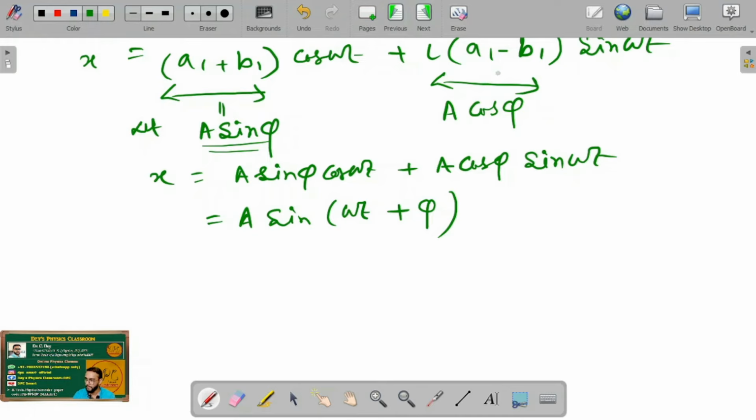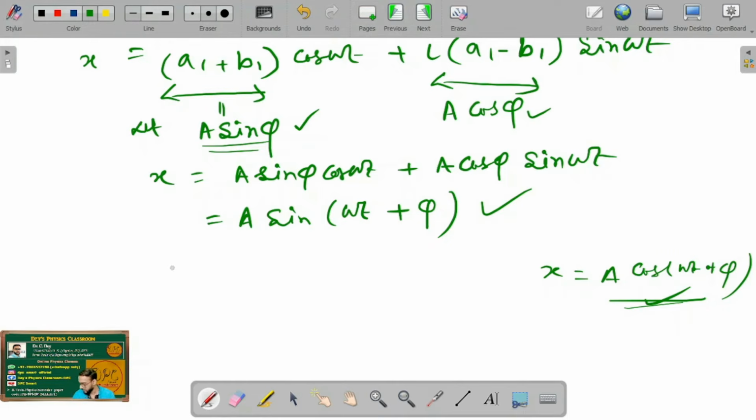Similarly, this term I have taken as a cos phi; you can also take it as a sin phi. In that case, it would be x equals a into cos of omega t plus phi. So both are solutions of x.